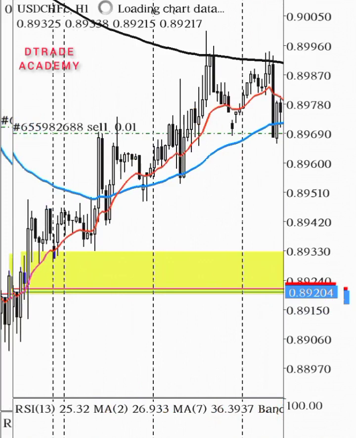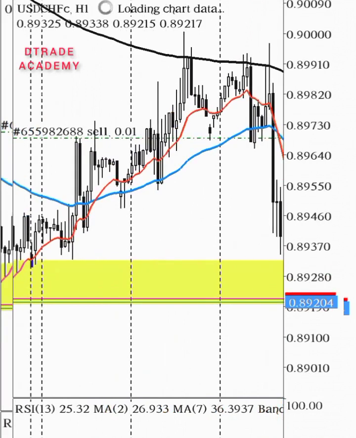So now when you look at this M, you can see that the neck of that M was taken out by this candle, and we have price coming to retest the second leg.